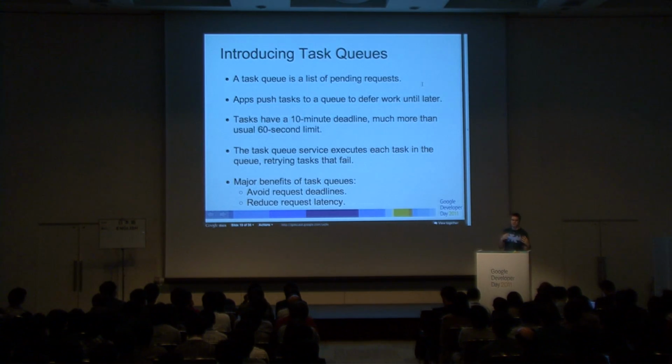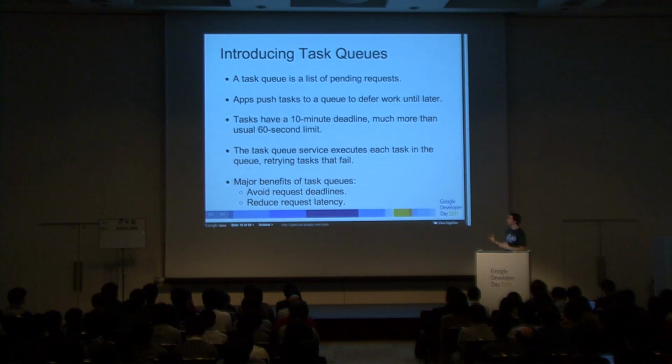Typical App Engine requests have a 60-second time limit, but tasks have a 10-minute deadline. So you can do a lot more inside a task than you can in a typical App Engine request. The task queue service will execute each task in the queue in series, and retry ones that fail. So if one request fails, it will back off and retry it later.